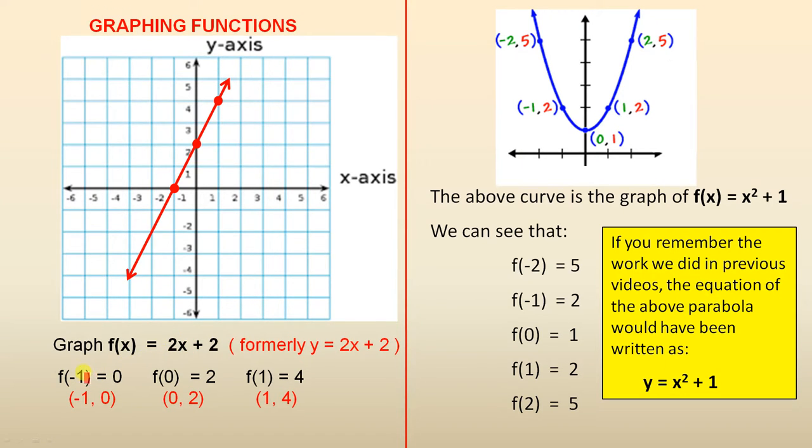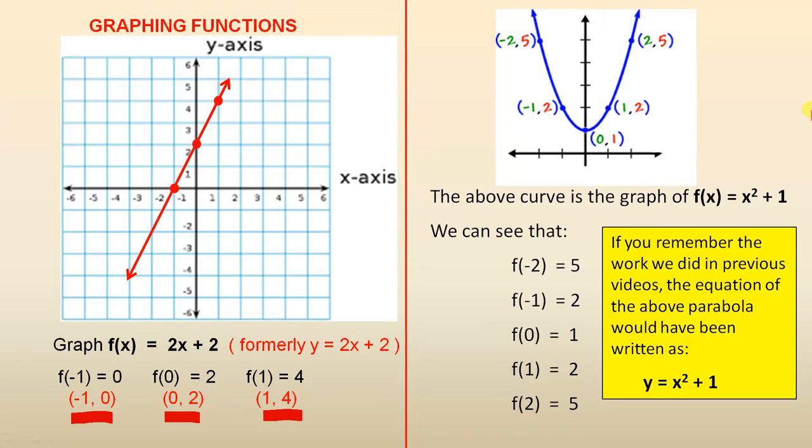So we substitute minus 1, 0 and 1 into the equation. So f(-1) is 0, f(0) is 2, and f(1) is 4. In other words, the 3 points are (-1, 0), (0, 2), and (1, 4). We plot those points, and there's the line we're looking for.